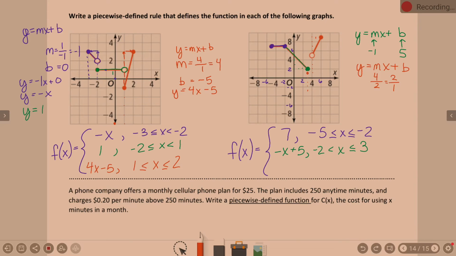Oh, I messed that up already, didn't I? Gosh darn it. I was going the 4 and 2, so I was counting down 4, which means I then need to go over 2. 1, 2, 3, 4 over 2.